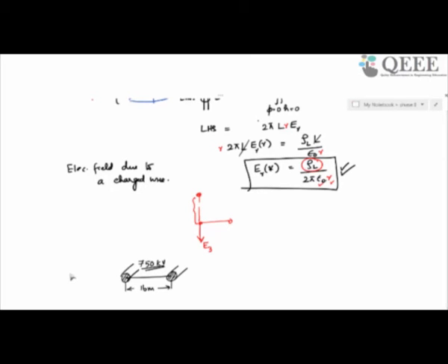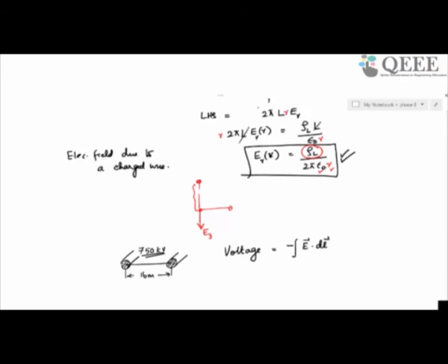I use Faraday's law and I demand that line integral E dot dl, well, I do not really have to use Faraday's law, I basically have to use the definition of voltage. I told you the other day that when you say potential, it is the work done per unit charge. So, that is E dot dl minus E dot dl.